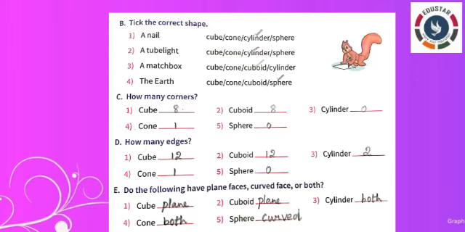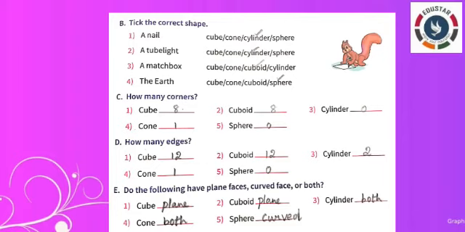Number 3. A matchbox. And the answer is cuboid. Number 4, the earth. And the answer is sphere.